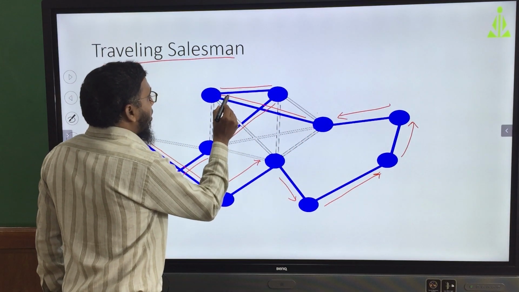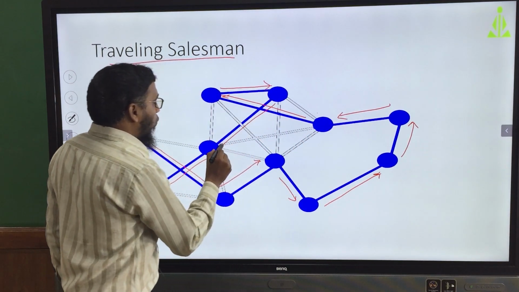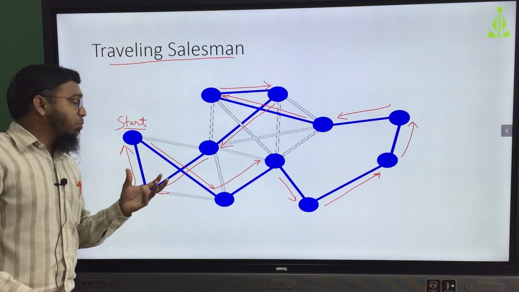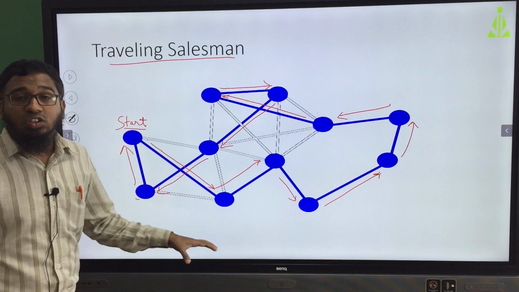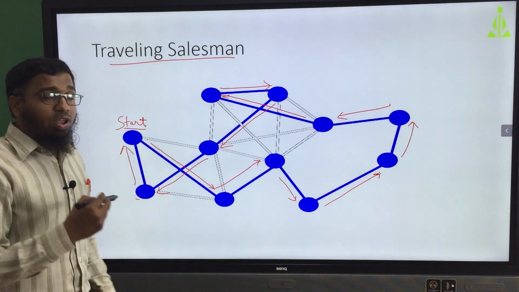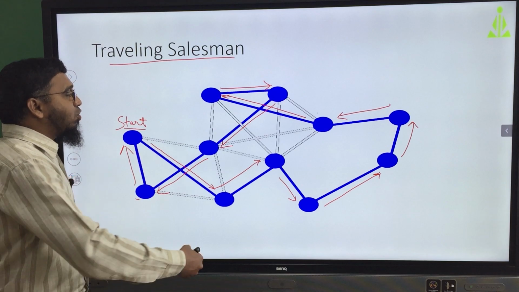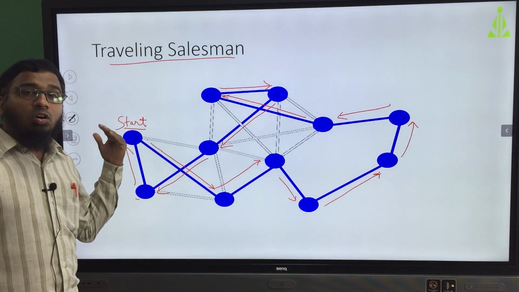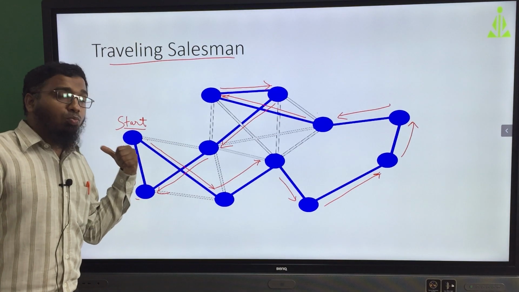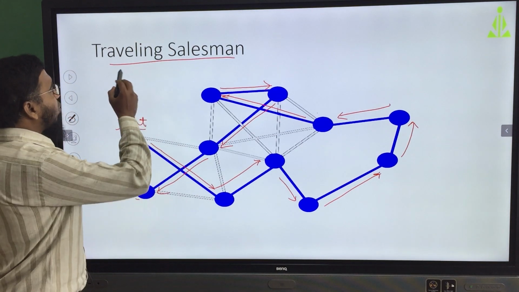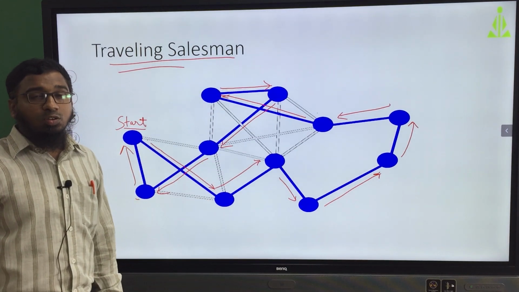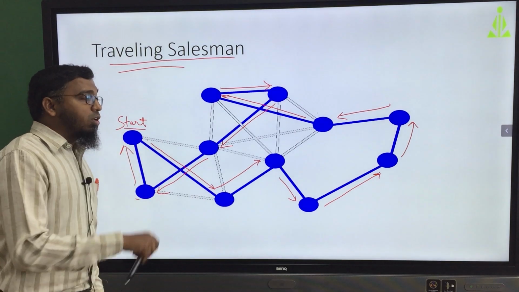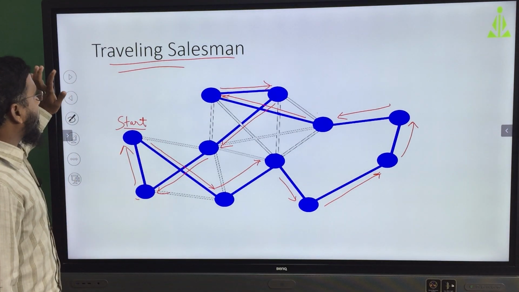When it travels like this, we got the answer: it reaches the starting point again after visiting all the vertices. So we have taken the example of a map. It visited all the cities and reached the starting position. This is one type of problem, the traveling salesperson problem is an NP complete problem. So this is one example.